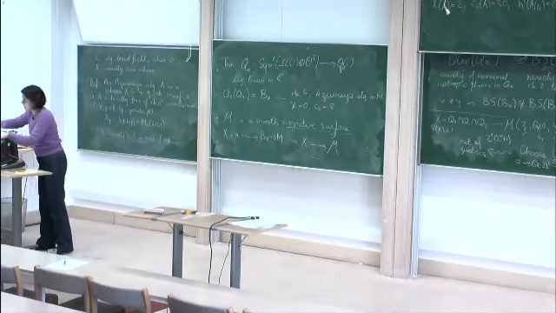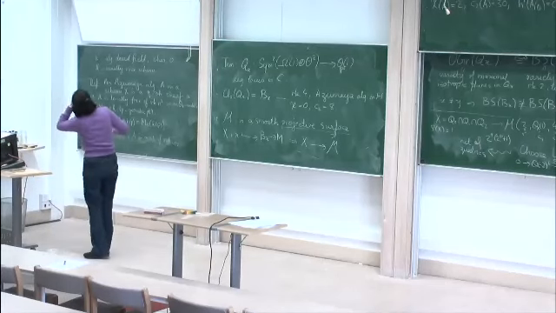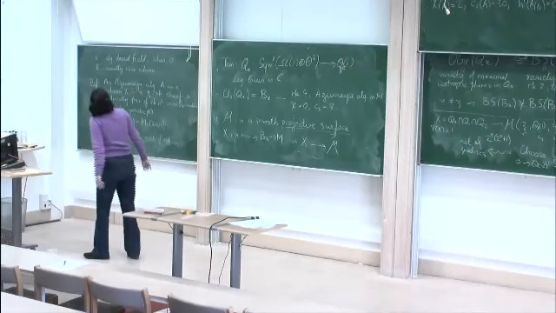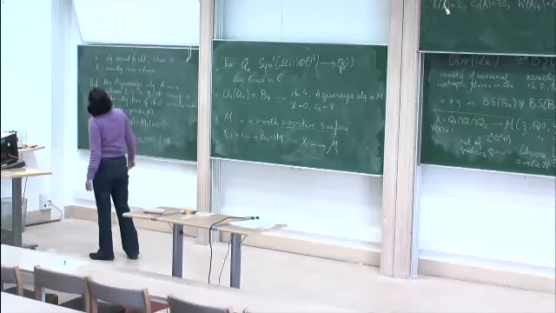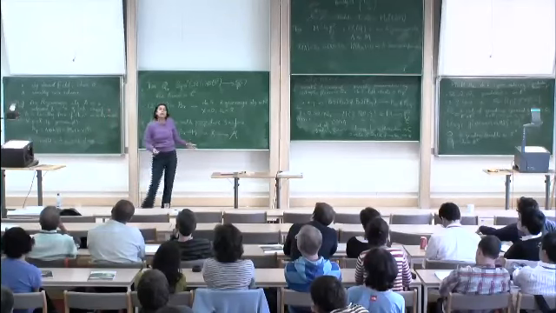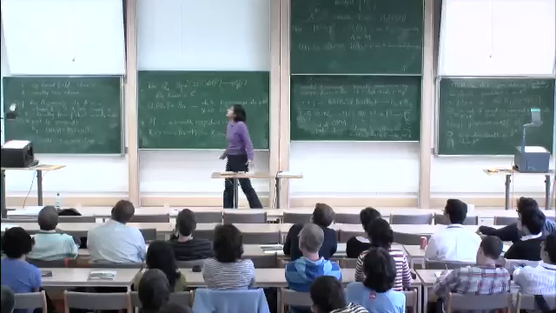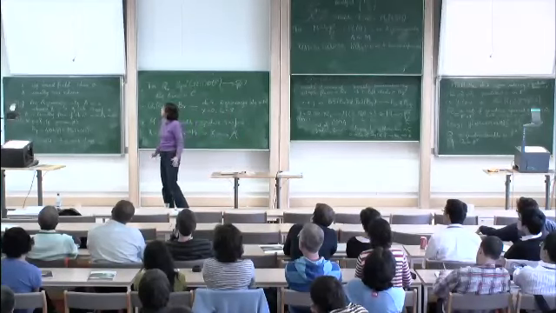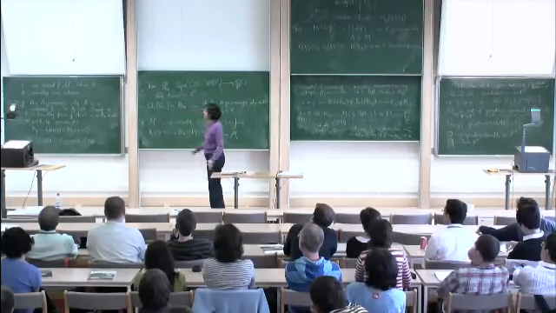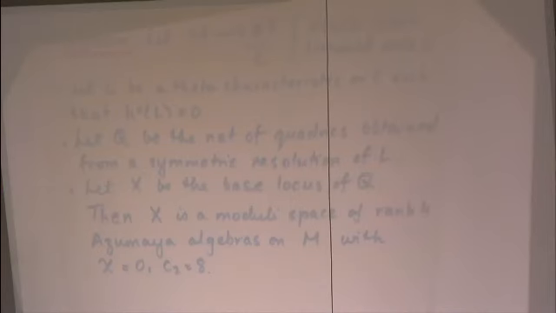If you take the double cover of the plane, choose an ineffective theta characteristic on C, take the associated net of quadrics, take its base locus, then that X is going to be a moduli space of Azumaya algebras on M, which have Euler characteristic 0, second Chern class equal to 8. And so it's something like an inverse of the Mukai correspondence.